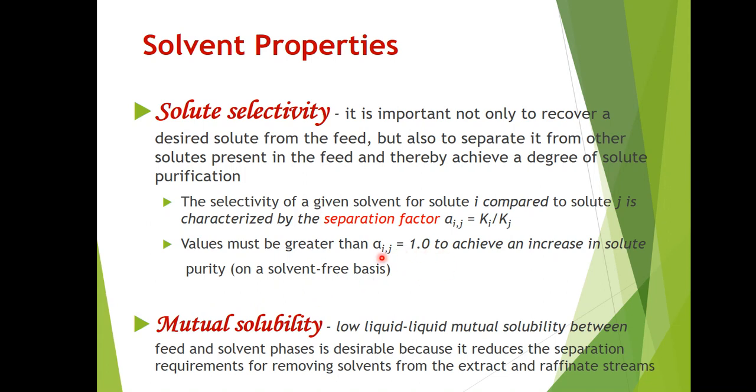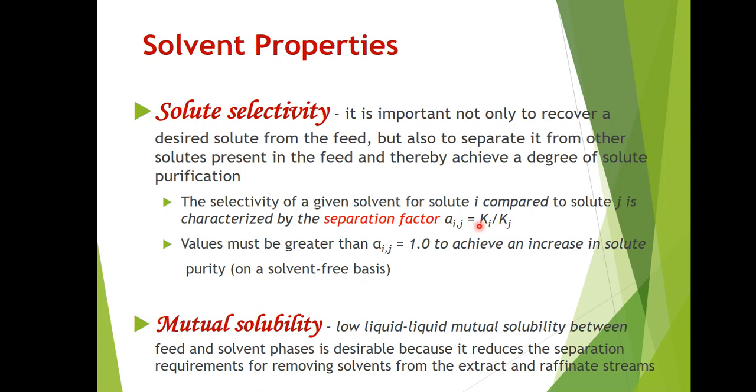In this case, it is very similar to relative volatility. To ensure that your extractant will prefer to take out only component I in a feed consisting of components I and J, you need a separation factor greater than 1 for these two.